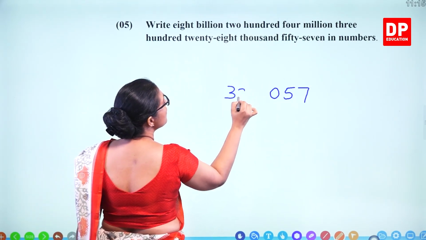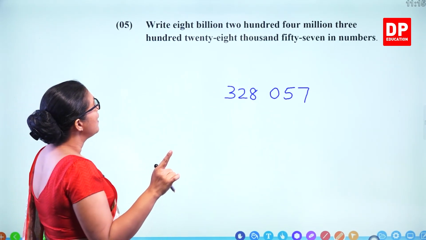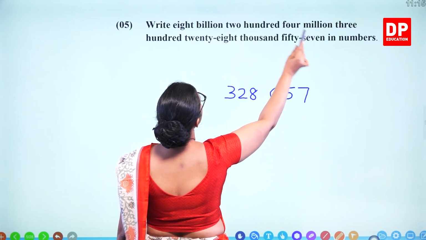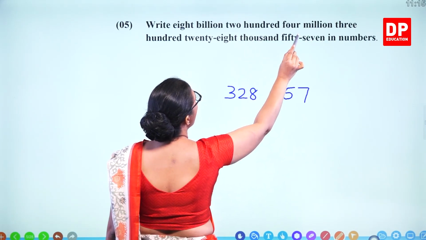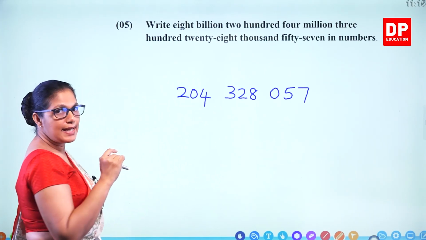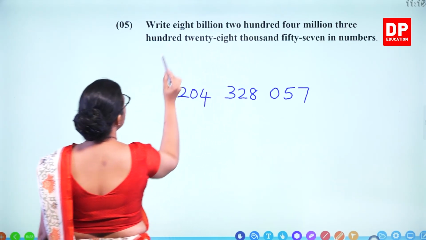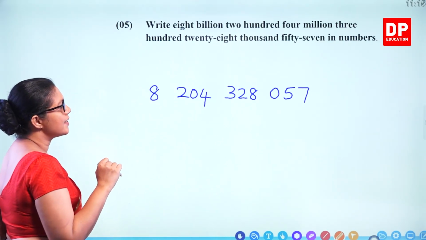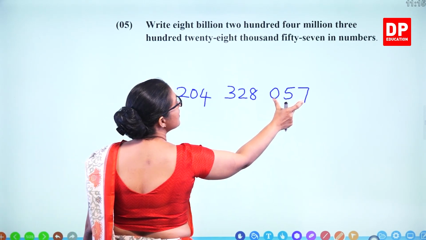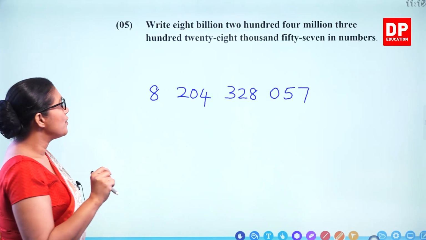So 328 here, 328,000. Then how many millions? It says 204 million. And then it says 8 billion. So if you are writing, 3 digits and then a space, 3 digits. So this is how you write down the number.